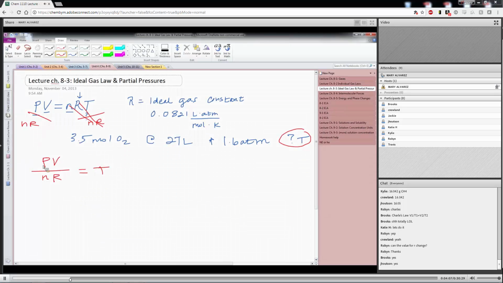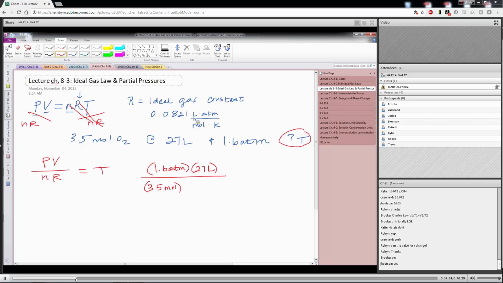Pressure P was 1.6 atmospheres. Volume V was 27 liters. N is the number of moles, N for number of moles, 3.5 moles. And then R is this constant.